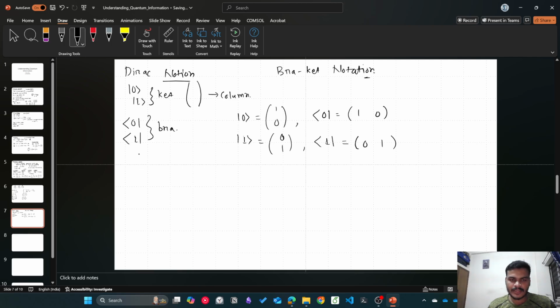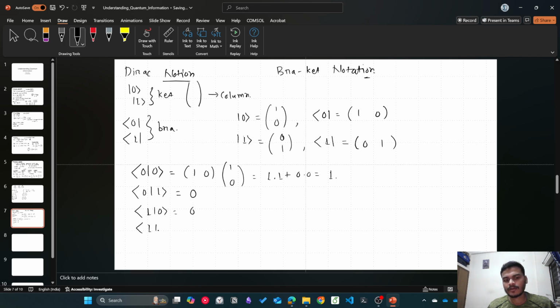You can also define some multiplication. You can multiply this bra and ket. Let's say you are multiplying 0 and 0. It will give you 1 0 times 1 0. If you do the matrix multiplication, it is 1 into 1 plus 0 into 0, giving you 1. You multiply 0 and 1, so do it yourself. It will give you 0. If you multiply 1 and 0, it will give you 0.